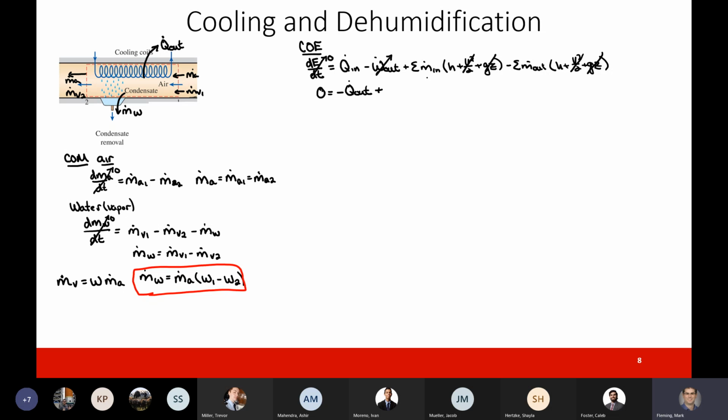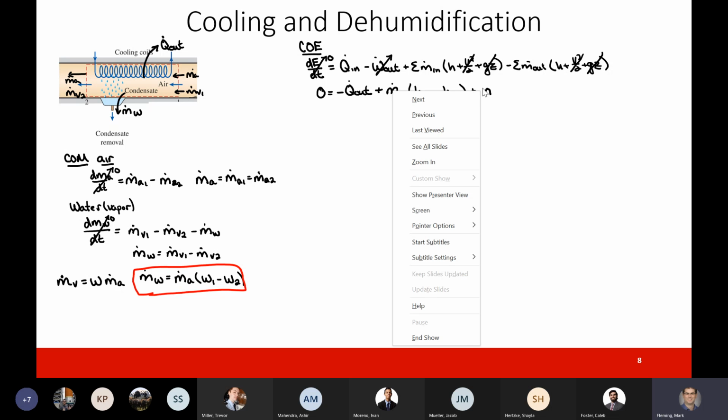So what we're left with now is the summation of all of our mass flow rates. If we think about that, we'll have a mass flow rate of air. The air was constant, so we can bring those together: the enthalpy of the air at state 1 minus the enthalpy of the air at state 2. Then we'll have to do our water vapor.